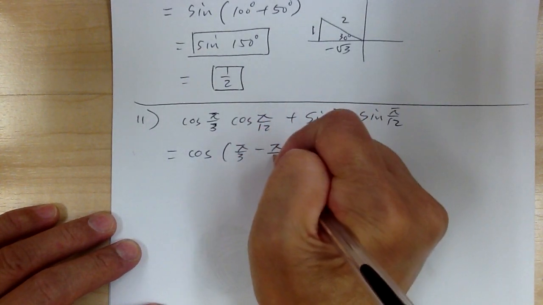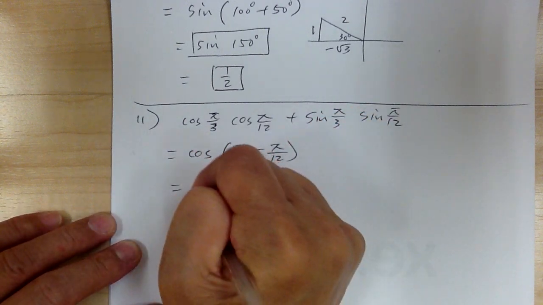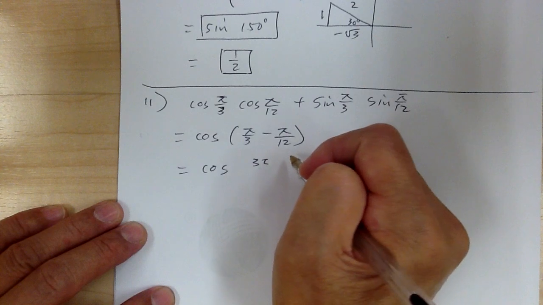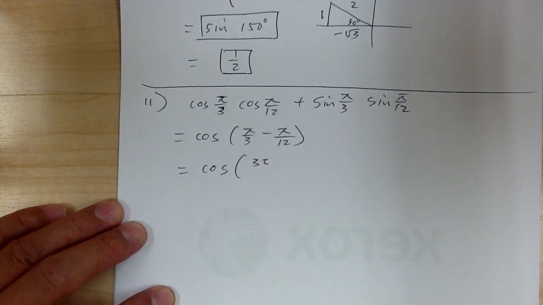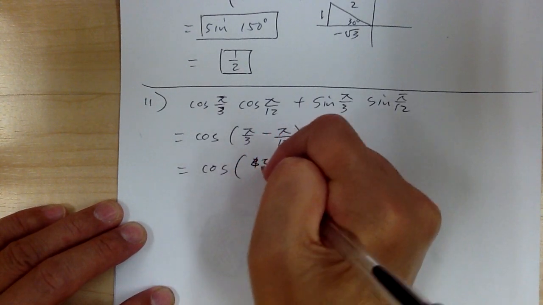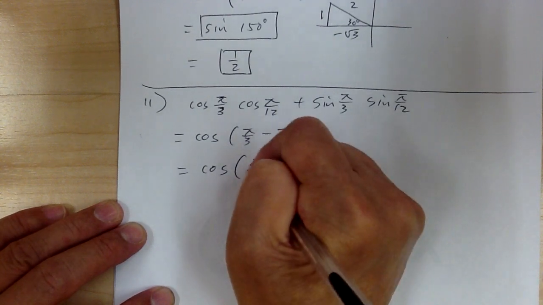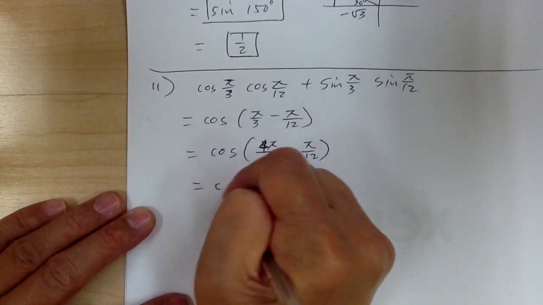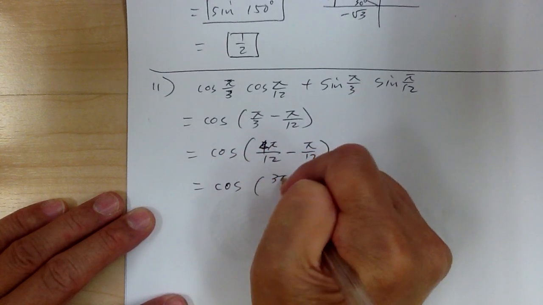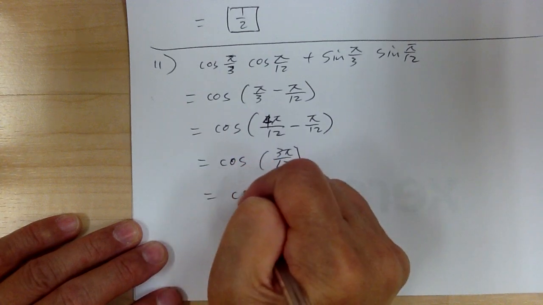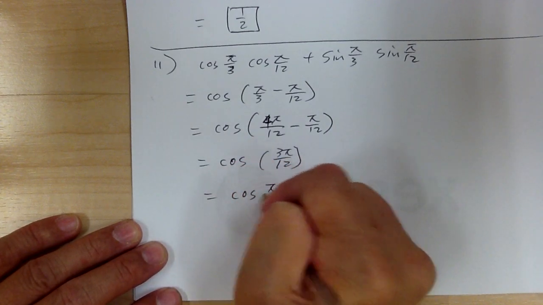Okay, so minus pi over 12. Well, if you make it into a common denominator, you're going to get 4 pi over 12 minus pi over 12. And this will equal cosine of 3 pi over 12. And then if you simplify, this will equal cosine of pi over 4.